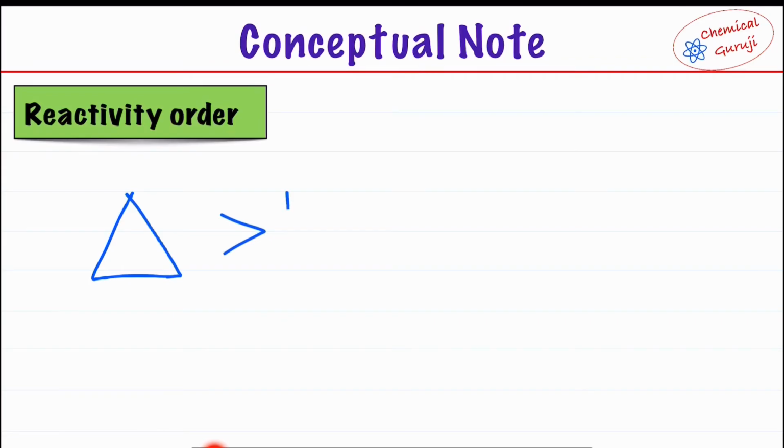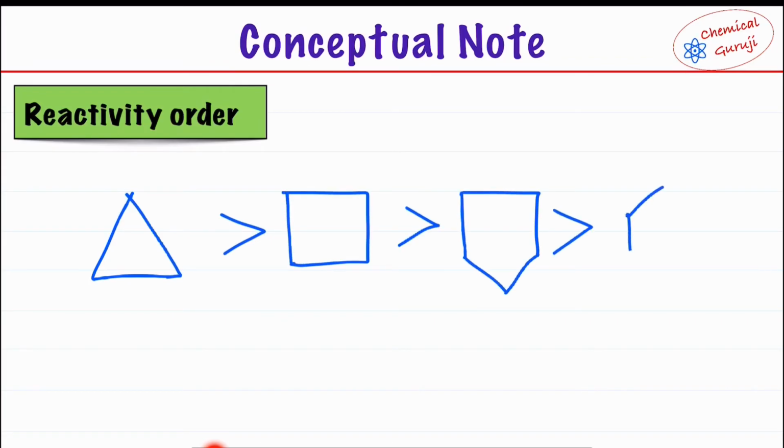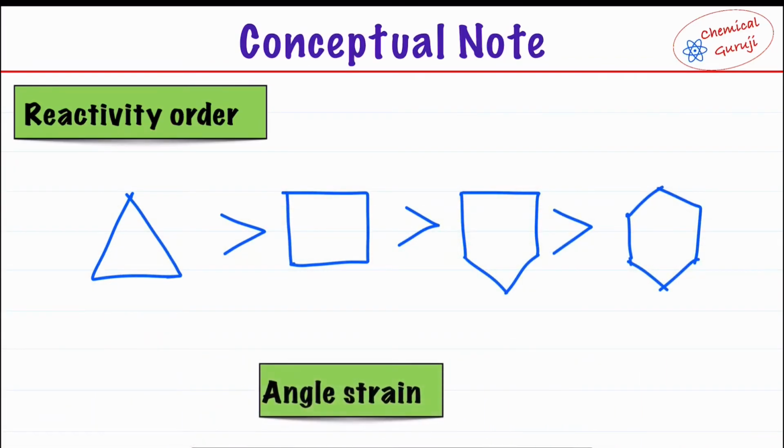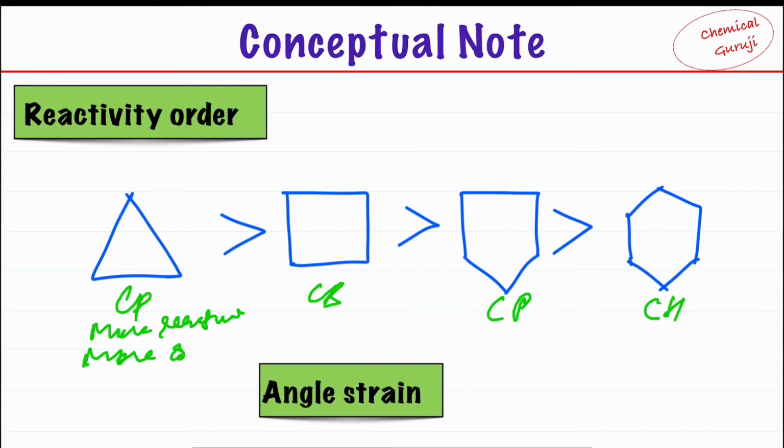Why no reaction? Because of reactivity. Let's see the reactivity order. Cyclopropane, cyclobutane, cyclopentane, and cyclohexane. So cyclopropane is more reactive. Why? Because of more angle strain.